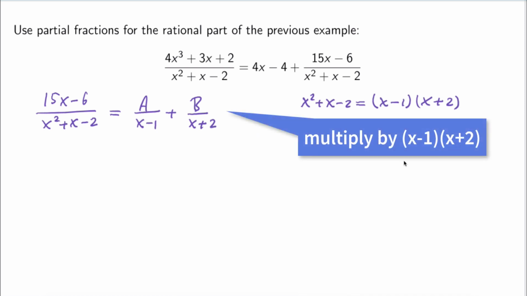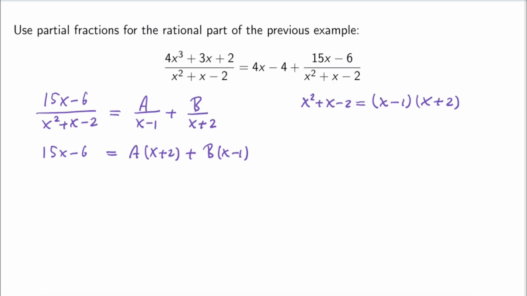So we multiply by the linear factors x minus 1 and x plus 2 at the same time. And so then we get 15x minus 6 equals a. So the x minus 1 term cancels, and we get x plus 2, plus b. Now the x plus 2 term cancels, and we get an x minus 1.